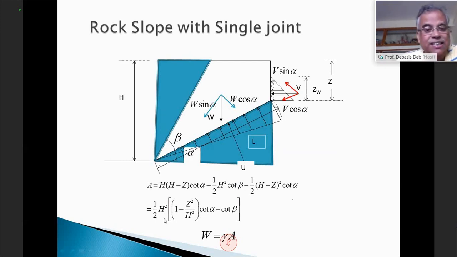Now the area will be calculated for different geometry. Okay, this one does not apply in all cases. This is particularly true for this. Okay, so this is how we can write W, gamma into A. This gamma is the unit weight of this one.